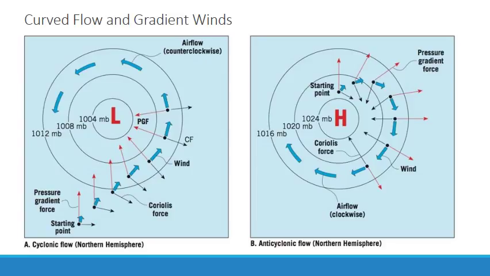Meteorologists call centers of low pressure cyclones and the flow around them cyclonic. And there are several types and scales of cyclones. Large low pressure systems that are major weather makers in the United States are mid-latitude cyclones. Other examples include tropical cyclones, which are generally smaller than mid-latitude cyclones. Tornadoes, another example of a cyclone.